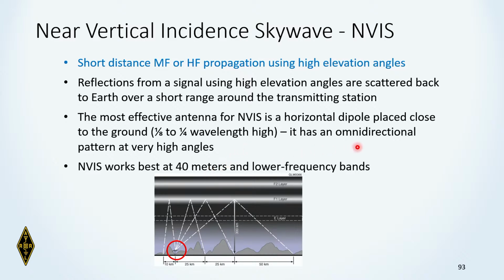Omnidirectional pattern, very high angles, works best at 40 meters and lower frequencies. Some people call this a sky warmer or a cloud warmer antenna, because you're going up and it's coming back down.